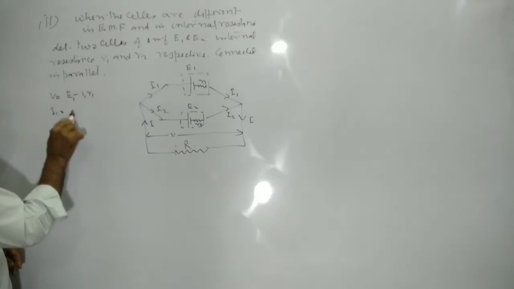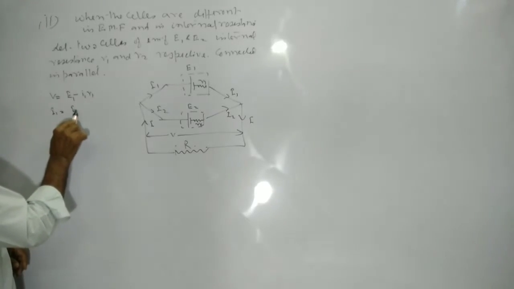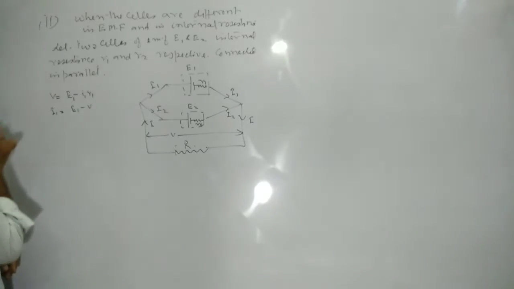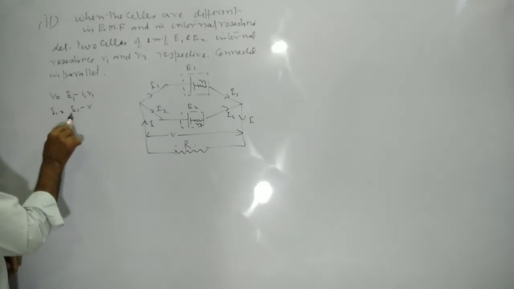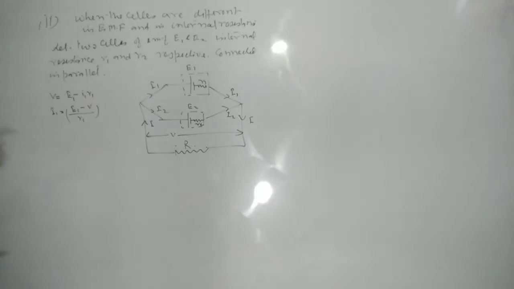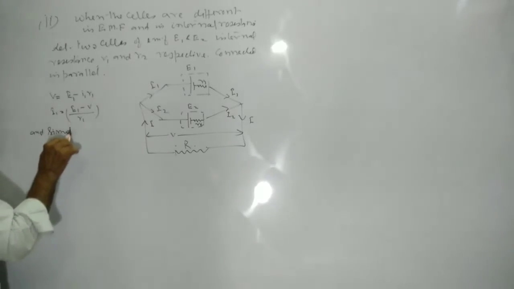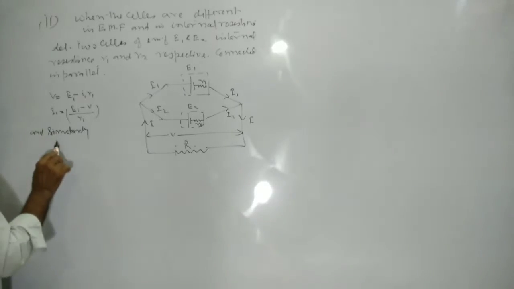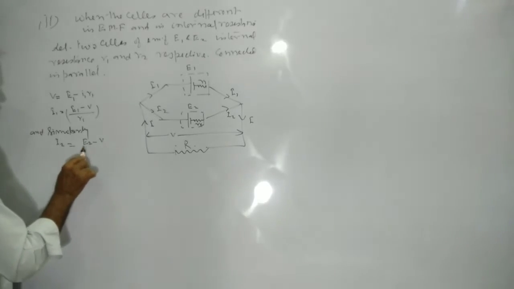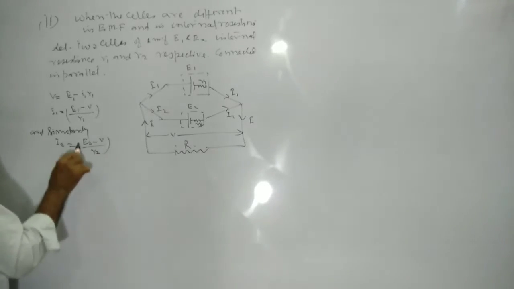equal to E1 minus V upon R1. And similarly, I2 equal to E2 minus V upon R2.